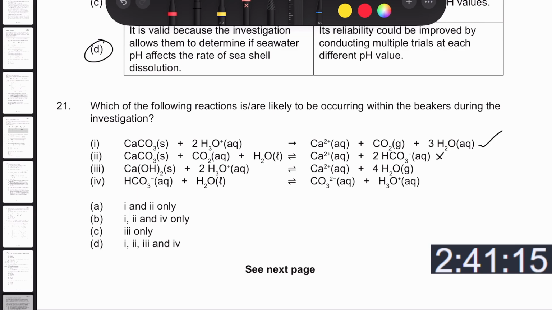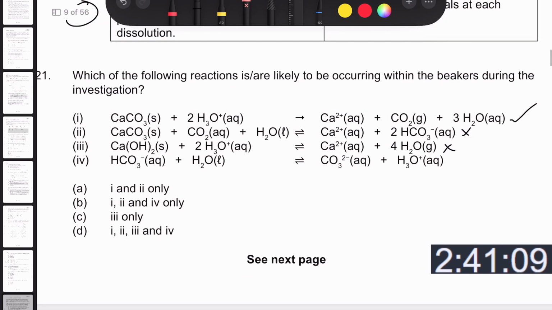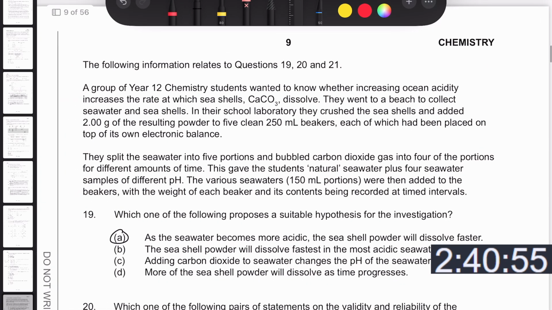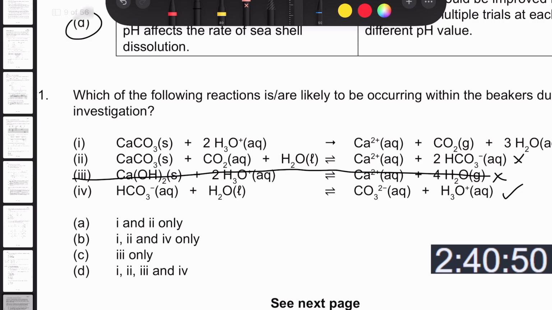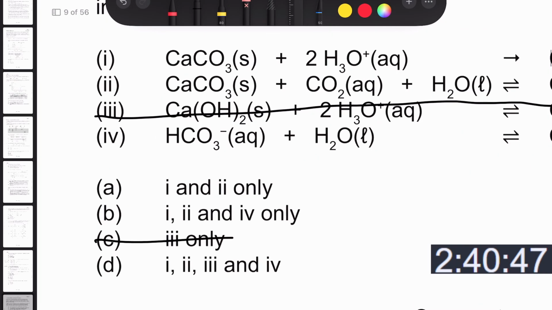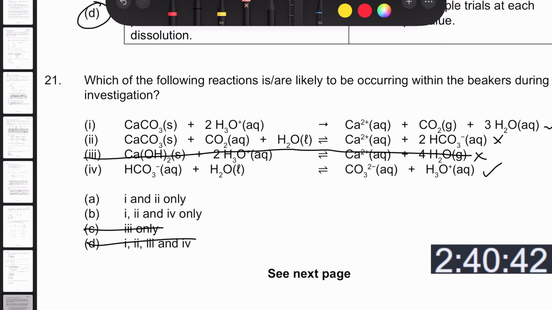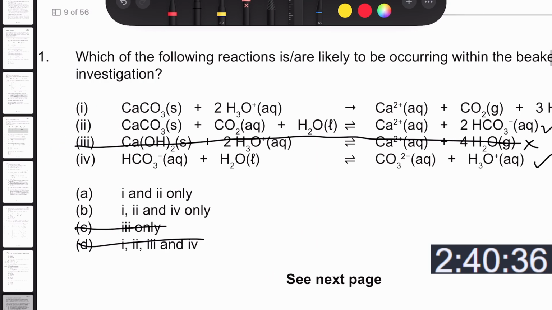No. No. Okay, well there's certainly no CaOH. So not 3, not 3. 1, 2. So is 4 likely to be occurring? Okay, apparently 2 is likely to be occurring. So B.